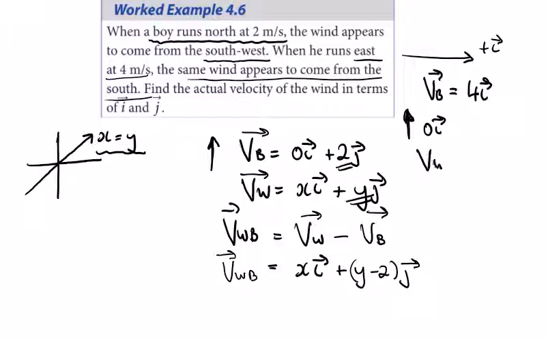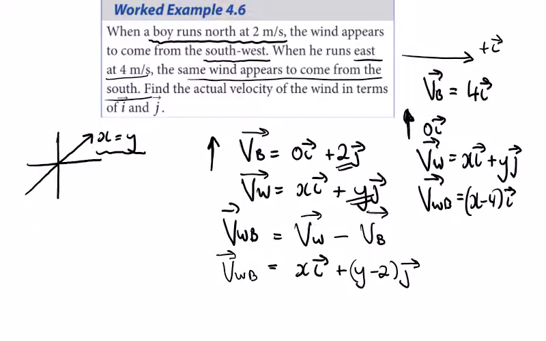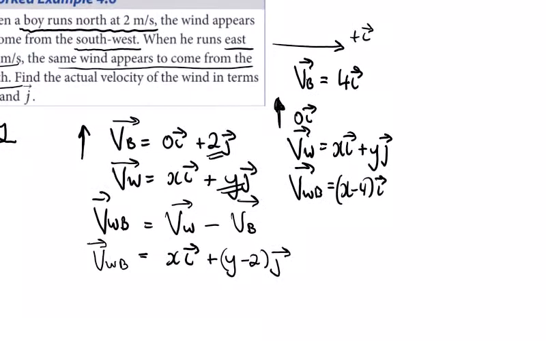The velocity of the wind, it's the same wind, so it's xi plus yj. We can have the velocity of the wind relative to the boy now. So it's going to be x minus 4 in the i direction, and then just y in the j direction. It might be easier to use a's and b's.